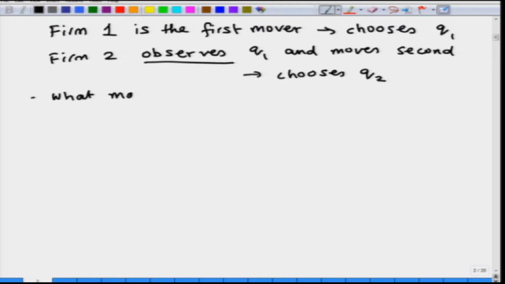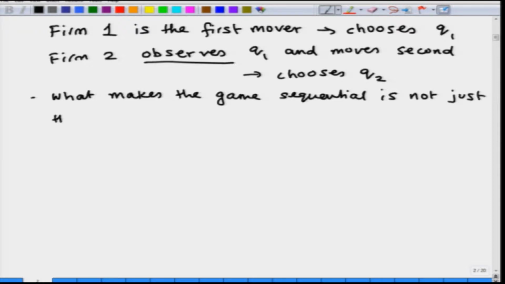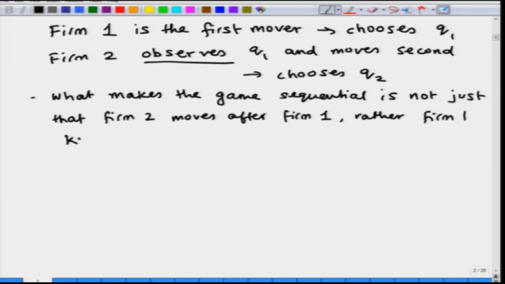So, what makes the game sequential is not just that firm 2 observes Q1 and then moves after firm 1. Rather, firm 1 knows that this will be the case.